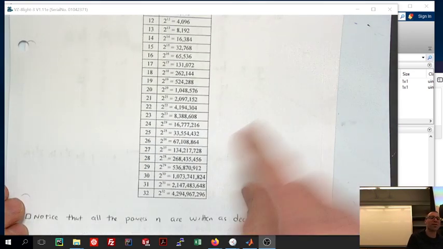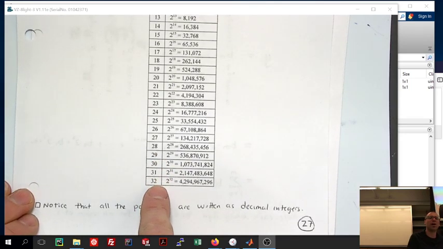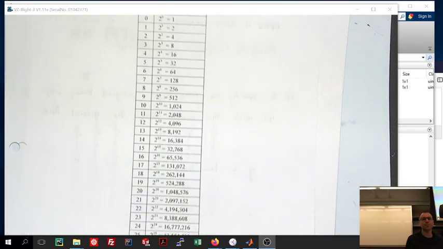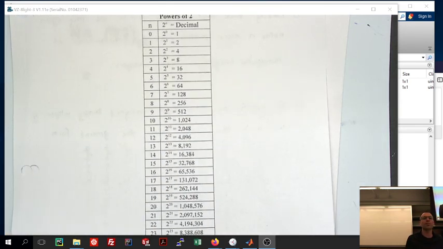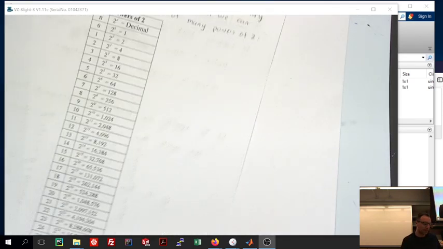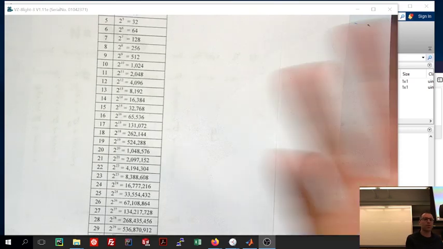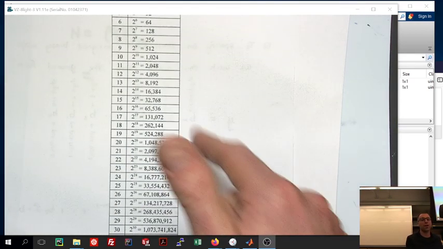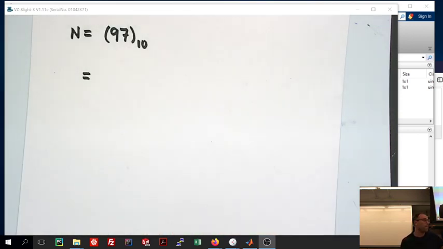It's there for you. I actually wanted to fill out this table. At some point I'll update this with 2 to the 53, 2 to the 54, and also 2 to the 63 and 2 to the 64, just as a string of digits. This table took me about 40 minutes to make in Excel. I'm not claiming that you should memorize this. I'm also not claiming you should make this for yourself, but if you wanted these powers, they're there for you.